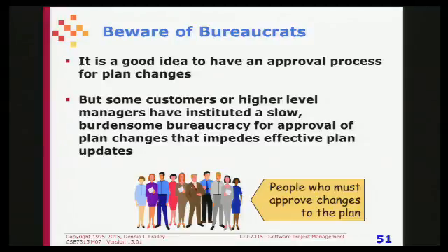So one of the things you can do is have a plan for changing the plan and put that in your plan and say, we're going to make minor changes this way and the bureaucrats don't need to look at it, and the major changes the bureaucrats can look at, whatever the correct words are for saying that. And then you can make the minor changes without requiring all the approvals because you put that in your plan, and once they approved your plan, they approved your process of improving the plan. So you have to be a little careful if you're in an organization where there's a lot of bureaucrats, a lot of approvals needed to get changes.